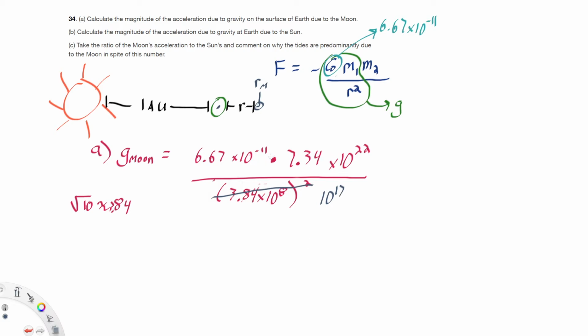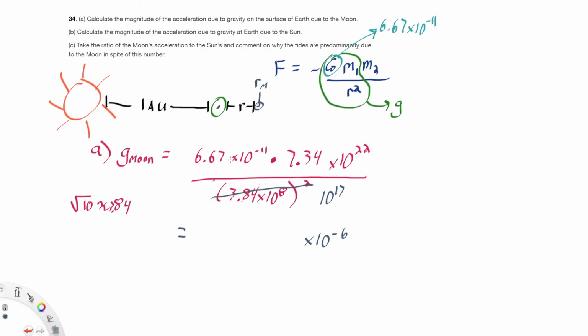If we count up powers of 10, in the numerator we have a 10 to the minus 11 and a 10 to the 22, which gives us 10 to the 11. Divided by 10 to the 17, we get something times 10 to the minus 6.